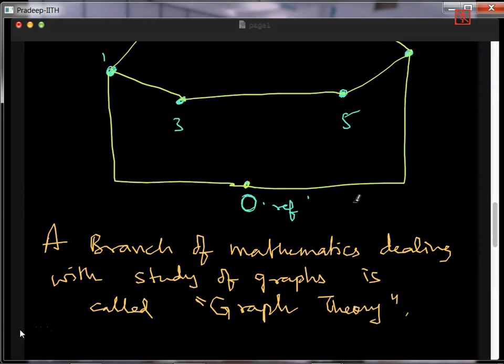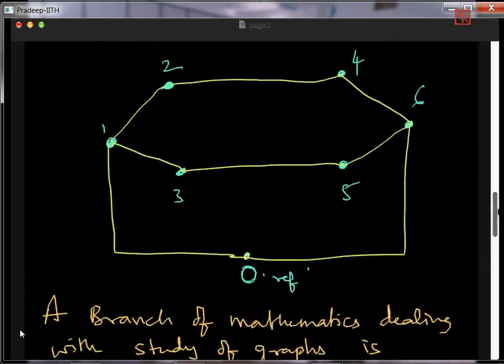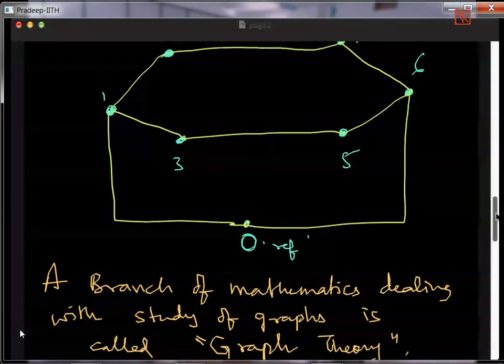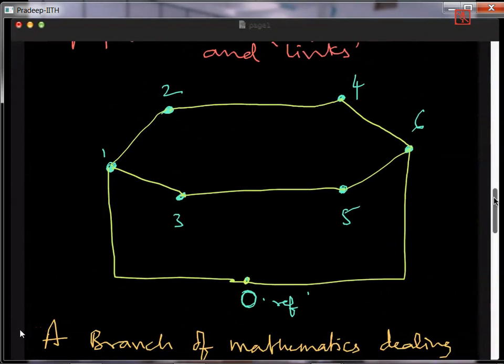This is a very, very big branch of mathematics, and a lot of mathematicians are doing research in that area. As power system engineers, we will try to borrow some of the mathematics that they have done and apply it to our analysis of our power system networks. So this is about that graph.